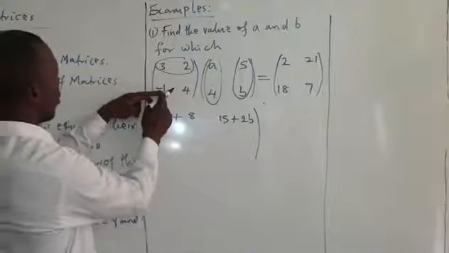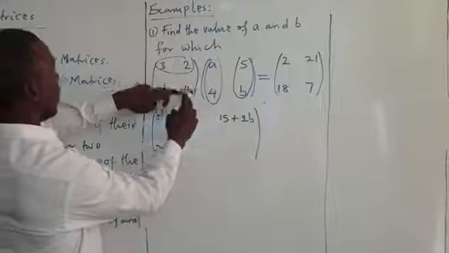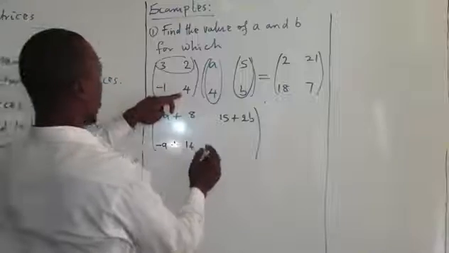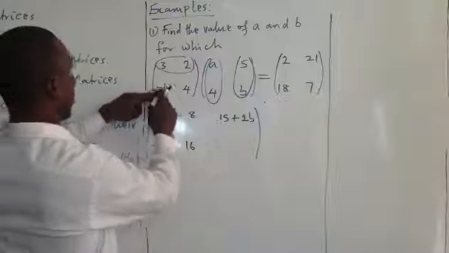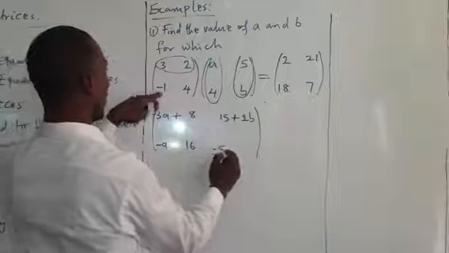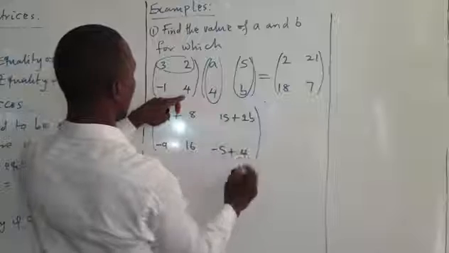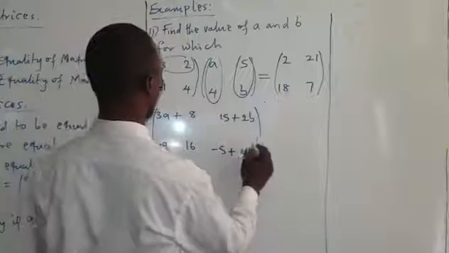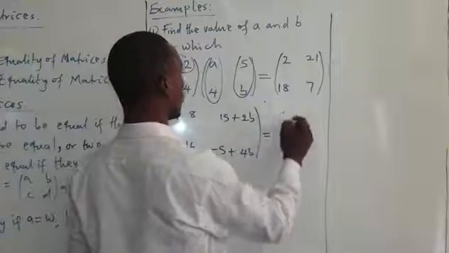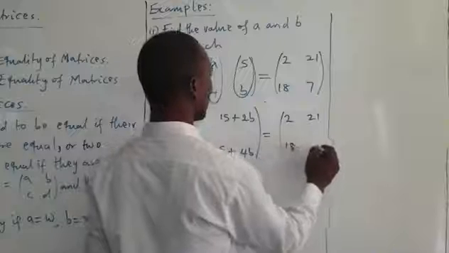Then the second row, minus 1 multiplied by a, that's minus a, then 4 multiplied by 4, plus 16. Then the second element in the second row, minus 1 times 5, that's minus 5, plus 4b. So that is that on the multiplication, which is equal to the right-hand matrix, that is 2, 21, 18, 7.